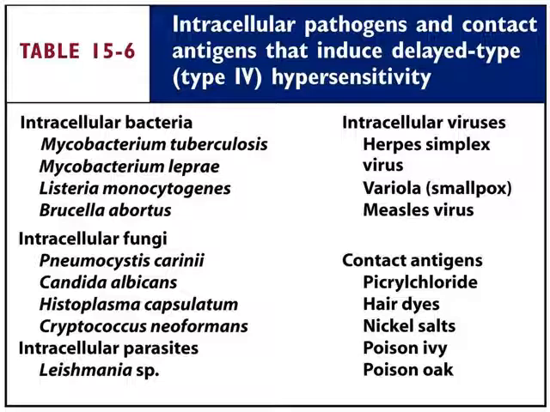Intracellular parasites like Leishmania, and intracellular viruses like herpes, smallpox and measles can lead to type 4 hypersensitivity reactions. Apart from pathogens, there are certain chemicals which can lead to contact type of type 4 hypersensitivity, especially hapten, nickel, poison ivy and poison oak.